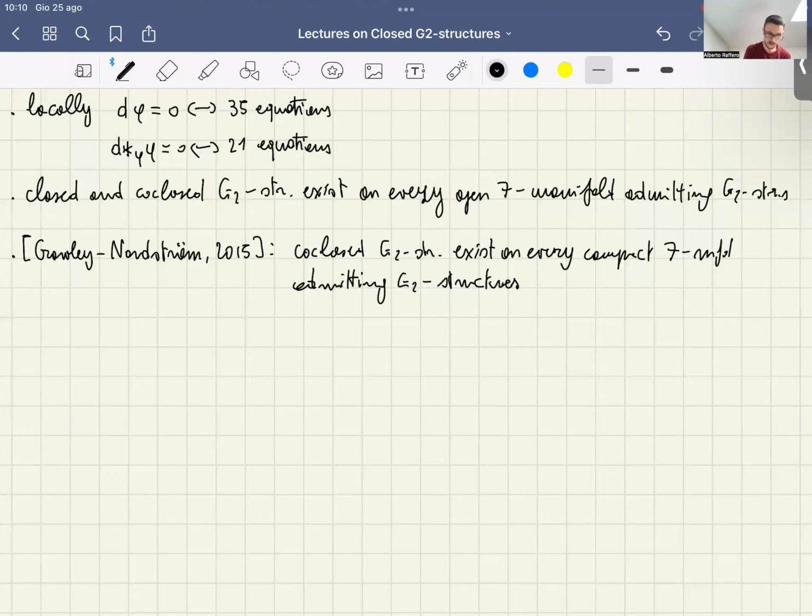So, on one hand, we do not have general results ensuring the existence of closed G2 structures on compact manifolds.